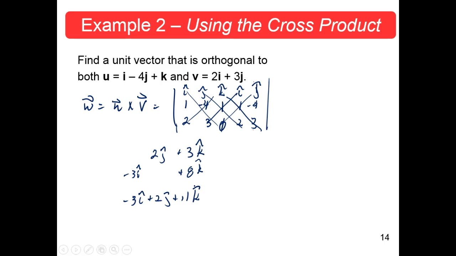Now, what we need to do is make that into a unit vector. We need that direction, but we need it as a unit vector. How do we get it to be a unit vector? Divide by its magnitude. What is its magnitude? The square root of 9, that's 3 squared, plus 4, which is 2 squared, plus 121, which is 11 squared.